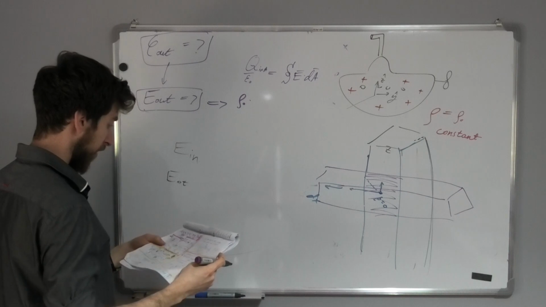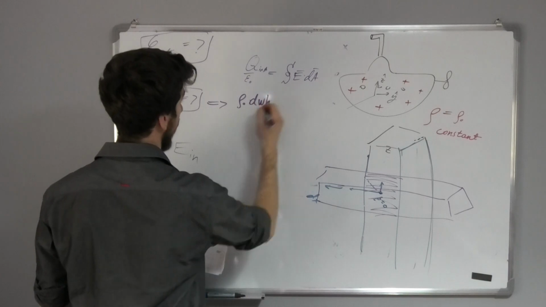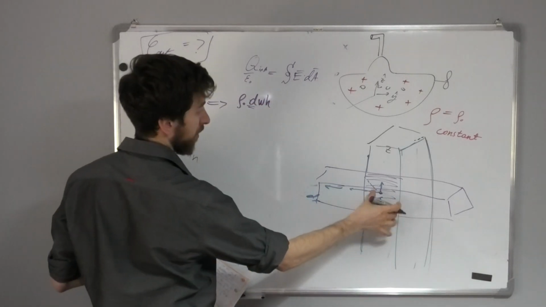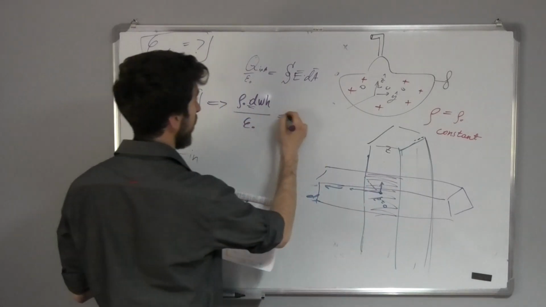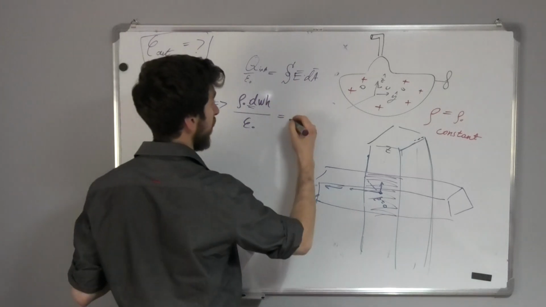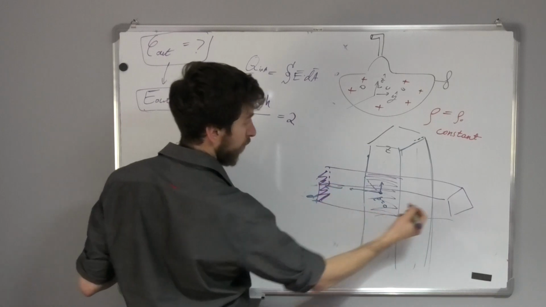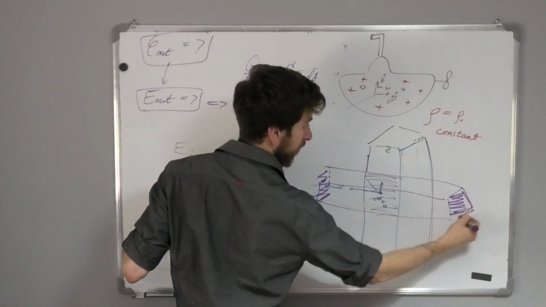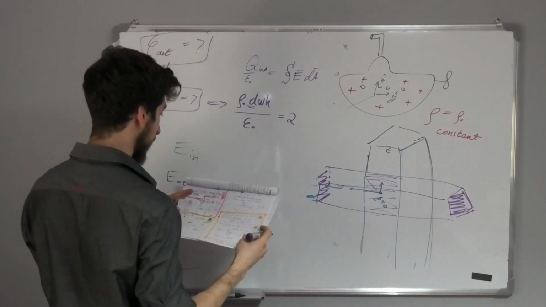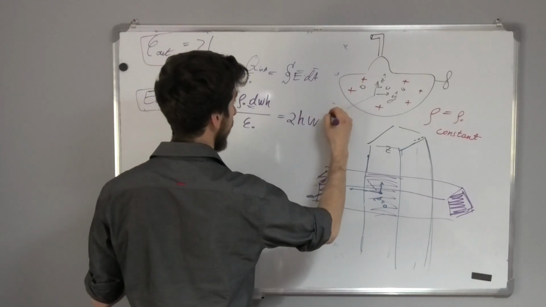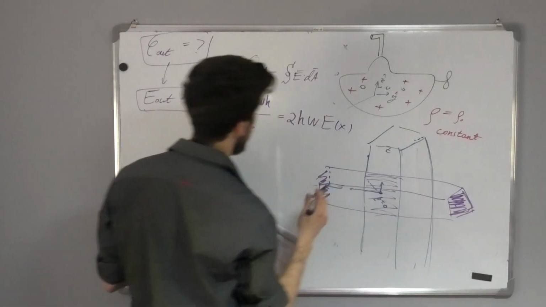So this is rho 0 multiplied by D W H, where D is the thickness of the wall, W the width, and H the height of the box, divided by epsilon 0. And this term is 2, like before, because I have only these two faces which do not die out due to the cosines. So this is 2 H W E at the specific location x, the specific location of the end of my box.